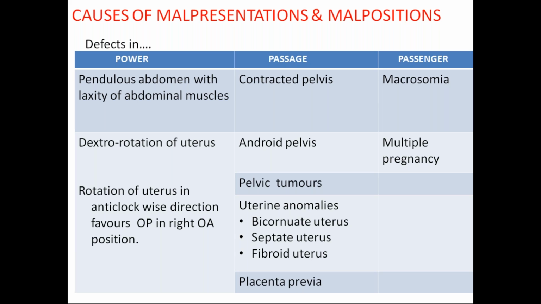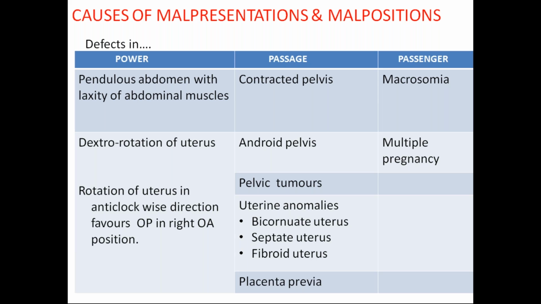A grand multiparous lady has a very pendulous abdomen, laxity of the abdominal muscles. In such cases, malpresentations and malpositions are very, very common. Marked dextrorotation of the uterus can also lead to malpresentation sometimes. And rotation of the uterus in the anti-clockwise direction favors an occipital posterior position on the right side rather than an occipital anterior position.